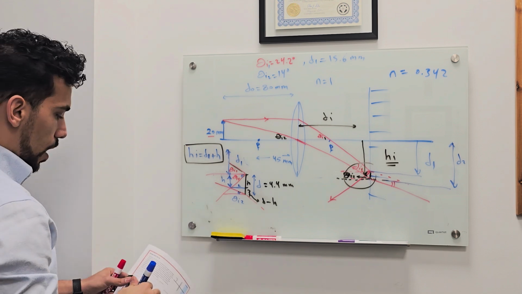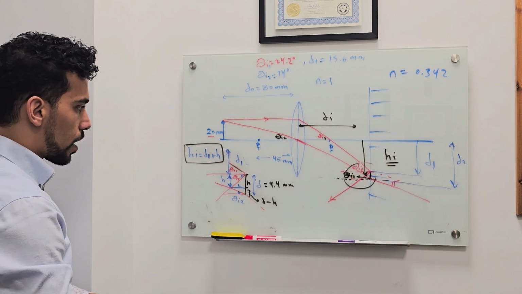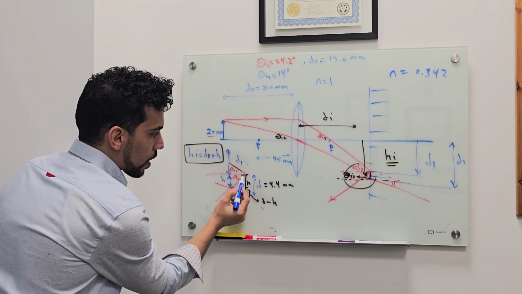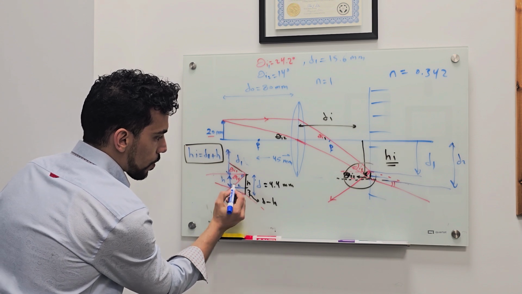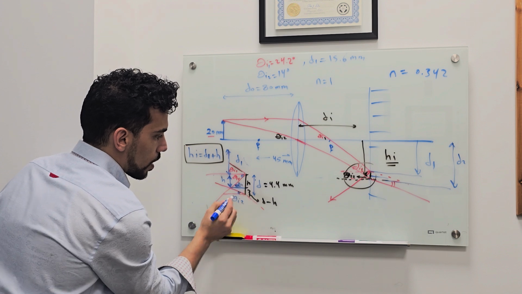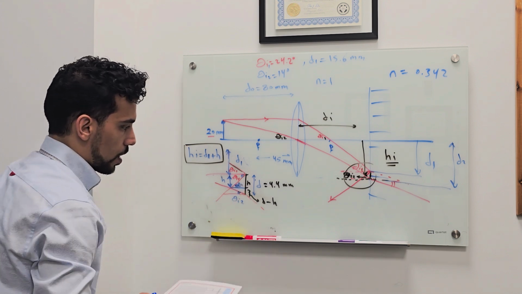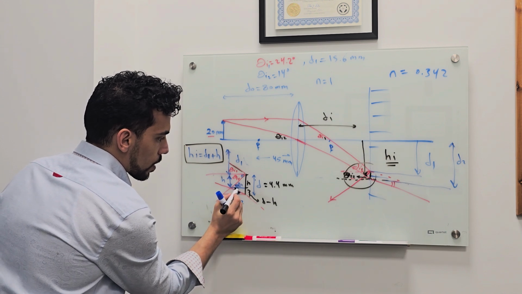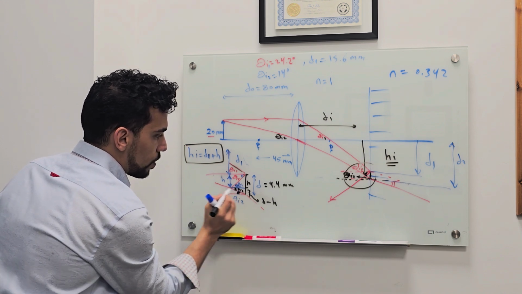Okay, and from geometry we know that, theta incident here, these are two parallel lines, and this is the same angle. So this is theta incident as well. This is theta incident 1, and this angle is equal to this angle here. So this is theta incident 2.